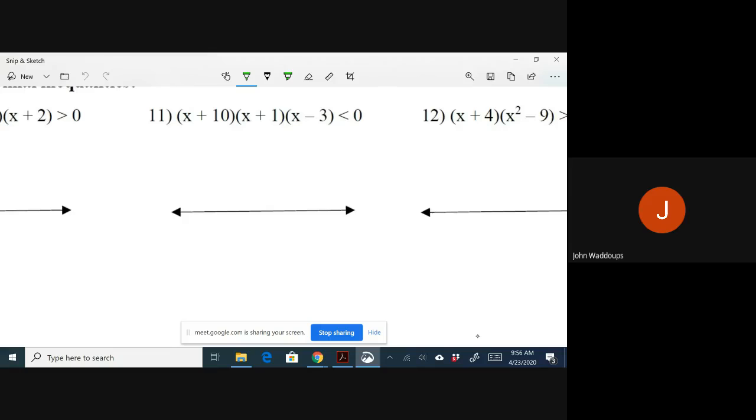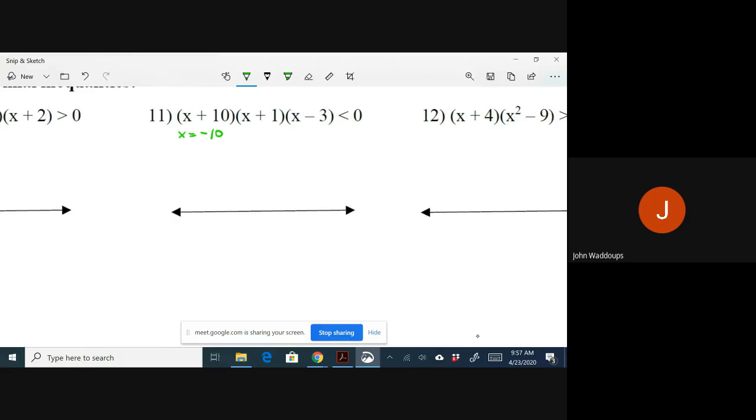What is the number that would cause x plus 10 to equal 0? -10. Exactly. So x equals -10 here.